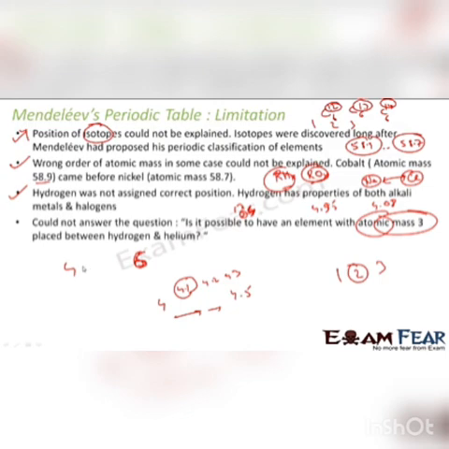There can be many, because 4.5, 5, 5.2, 5.5, there are so many numbers. But between 4 and 6, how many natural numbers can exist? Only one. Correct. So since atomic mass was a decimal number, it was not possible to tell. If someone asked the question, can there be an element between hydrogen and helium? The answer was, I don't know, because there may or may not be, right? So these kinds of limitations were there with the periodic table.